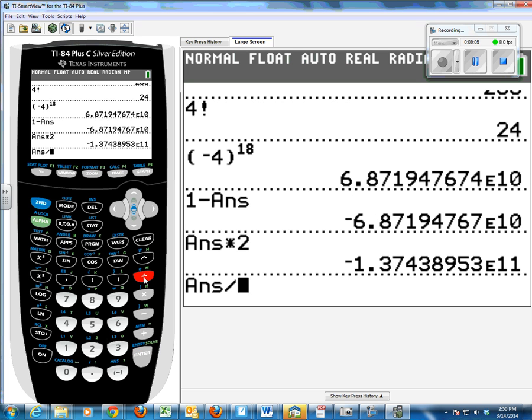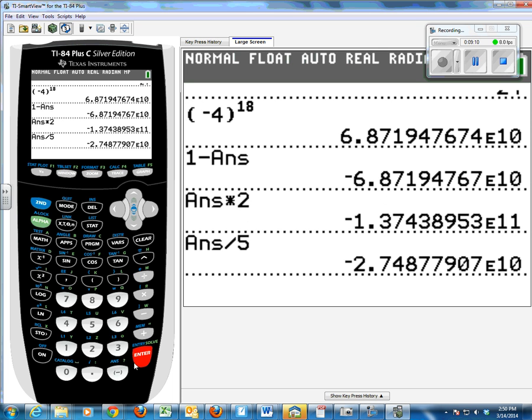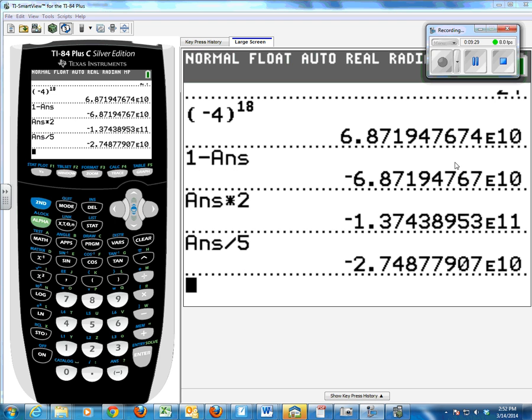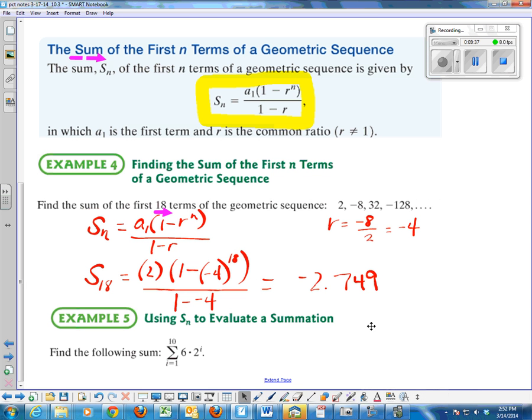And then you're going to divide by the denominator. 1 minus -4 would be 1 plus 4, so 5. -2.749, let's call it. And then let's look back here, -2.749 times 10 to the 10th. So this means times 10 to the 10th power.